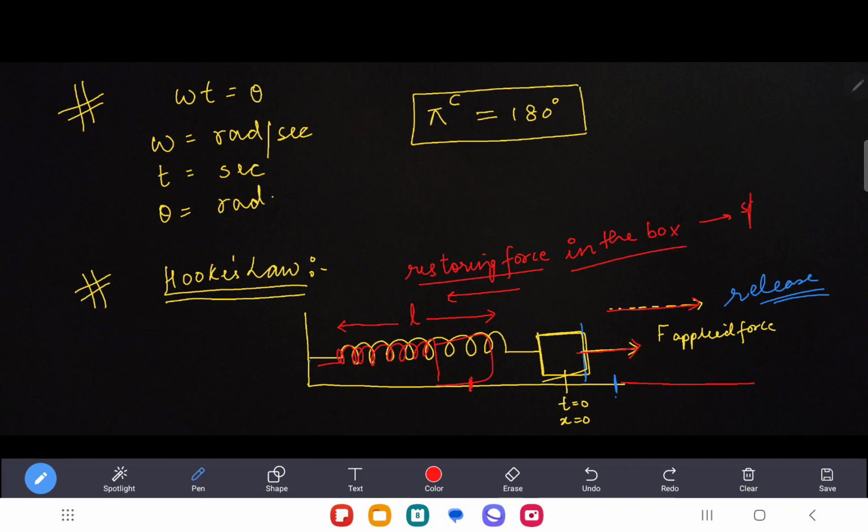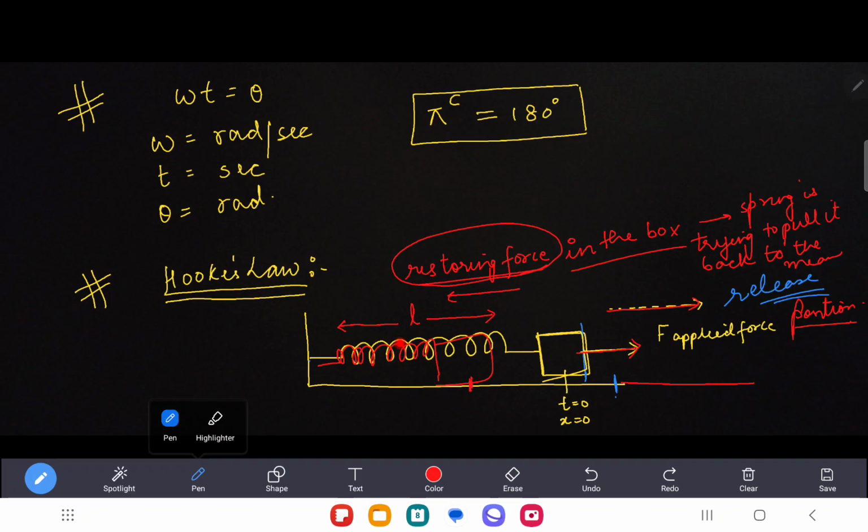Because that spring is trying to pull it back to the mean position. You understand? The restoring force always develops in any periodic motion, primarily in any SHM. The restoring force develops.